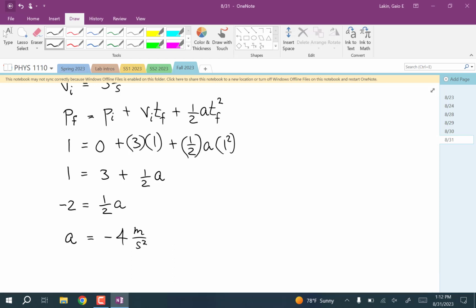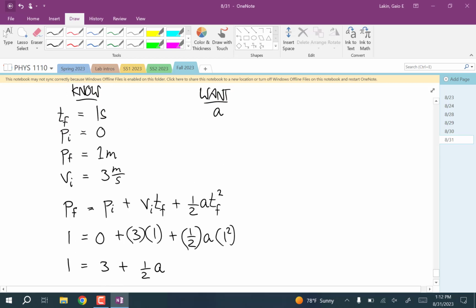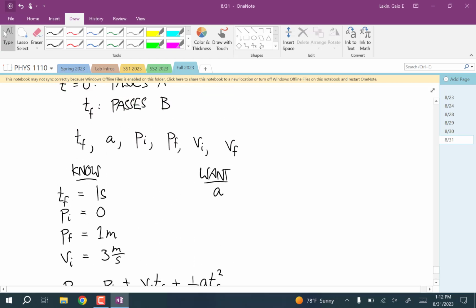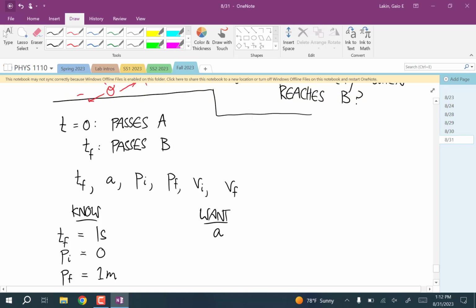And now we want to calculate the final velocity. Is there any reason to choose different instants, time equals 0 and time final, to calculate the velocity at point B? No, those will still work.